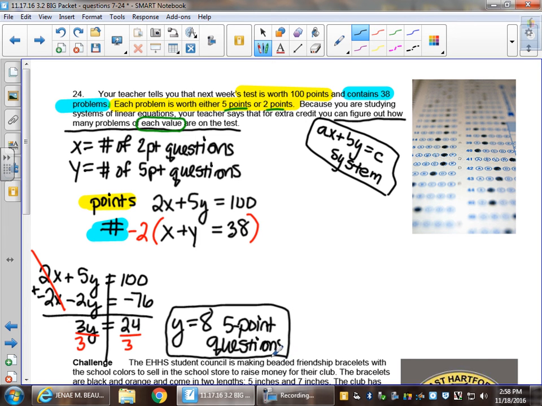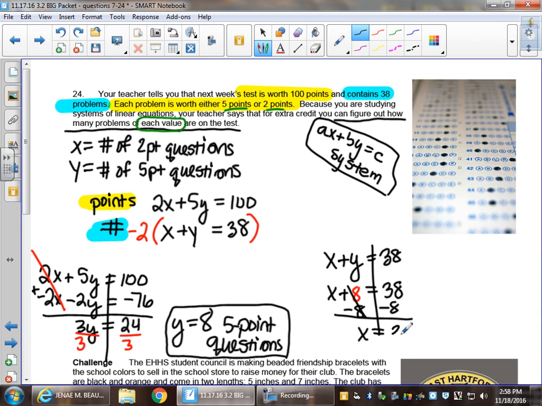Now we need to go find how many 2-point questions there are. So I can use either equation. I choose to use the second one because to me it looks a little more user-friendly. But by all means, if you choose to substitute into the top one, we should get the same answer. So this becomes x plus 8 equals 38. Subtract 8 from both sides.